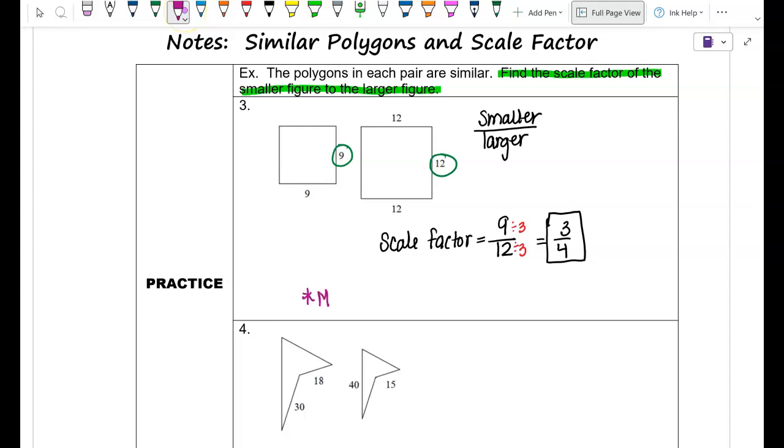Must reduce if possible. But you also have to make sure you are matching up corresponding parts correctly.